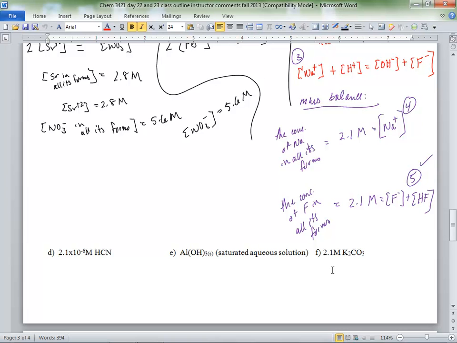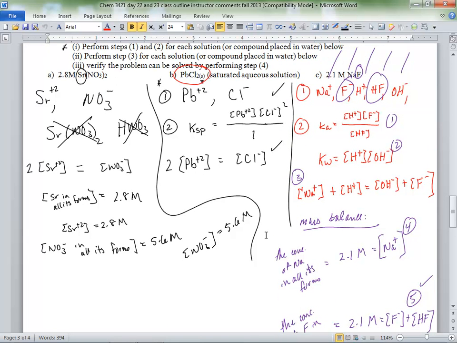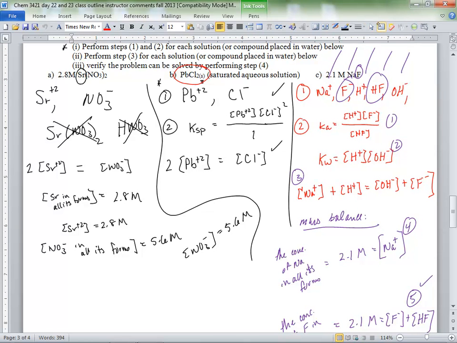I might have a question. So you have to have the same number of equations as unknowns, variables, species? Because in example C, we did 2 equations. Is that just because we had sodium and fluoride? Is that why we had 2 equations?